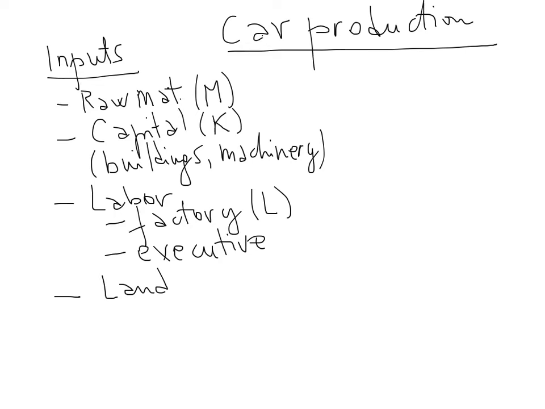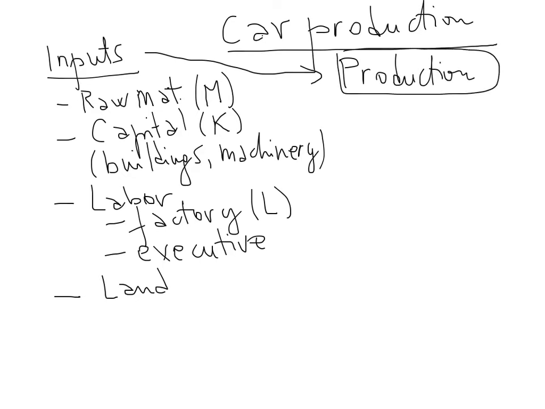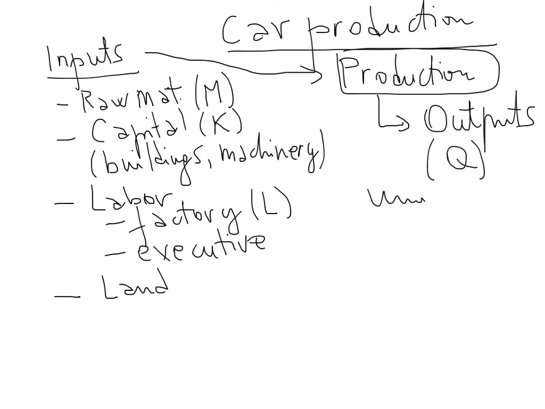Now, all these inputs are going to be engaged in the production. And based on the production process, we are going to have outputs, for which the notation in economics is Q, which is really our units. In our case, cars that we produce.